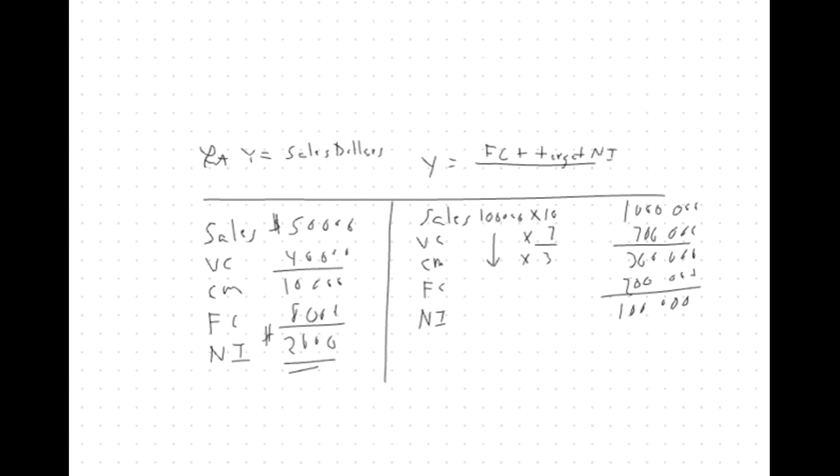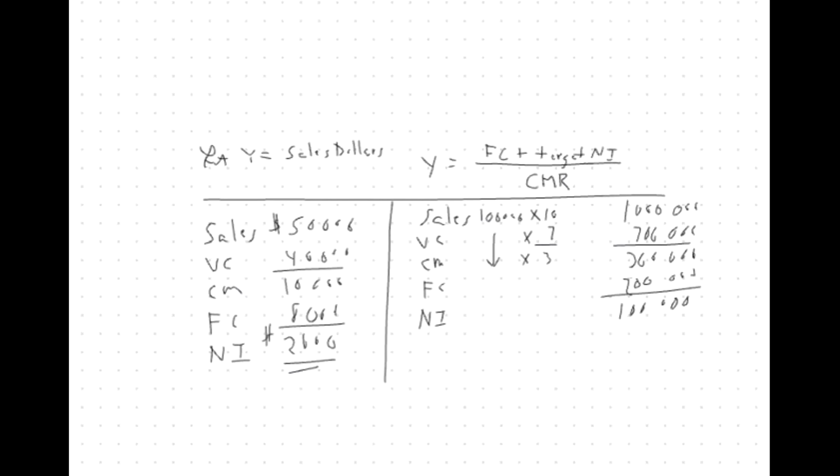So the Y formula has the same numerator as the X formula, but it's going to have a different denominator. It's going to have something called the contribution margin ratio. Contribution margin ratio.